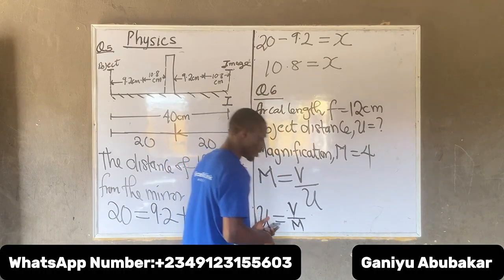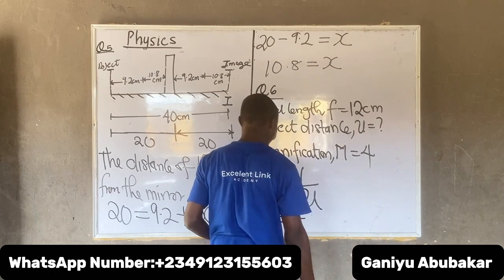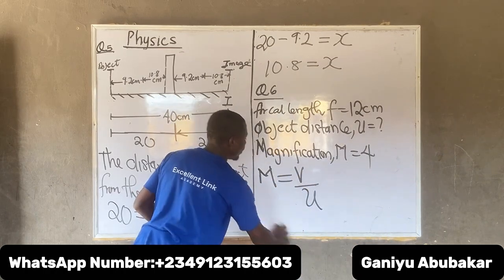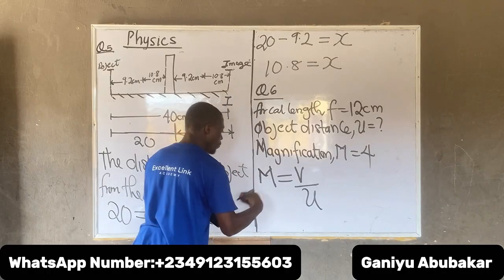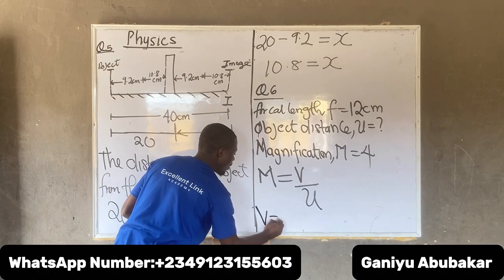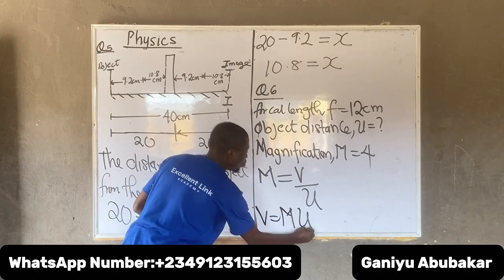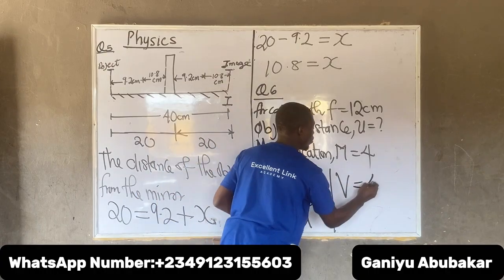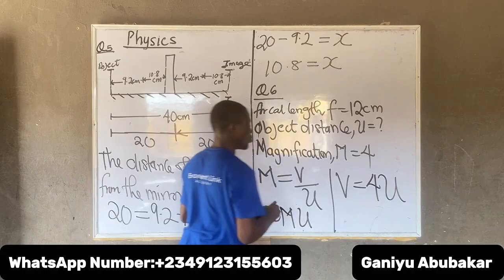I need to make v subject. Sorry for the mistake. I'll explain why. So v will be equal to mu, that is v equals 4 times u.